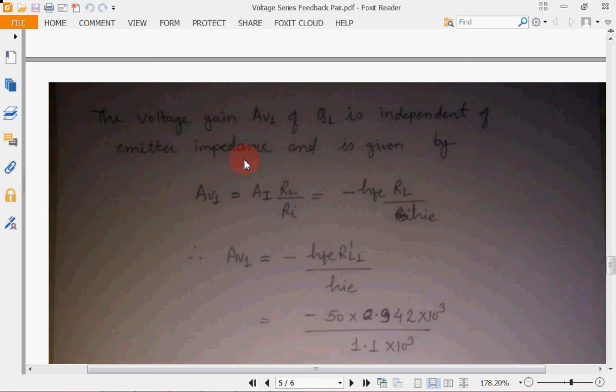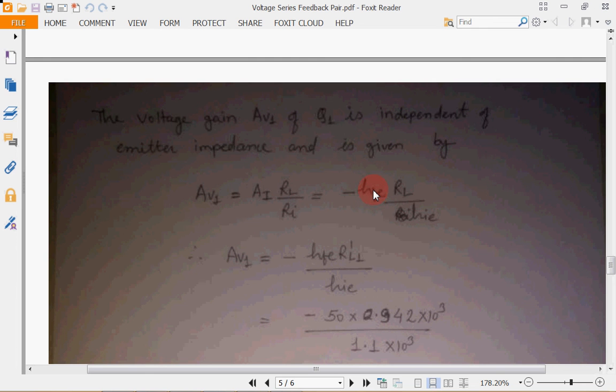So AV1 is equal to the current gain multiplied with the load resistance RL divided by the input resistance Ri. That is also equal to minus HFE into RL divided by HIE, where RL is the load resistance, HIE is the input resistance of the transistor, and HFE is the current gain.